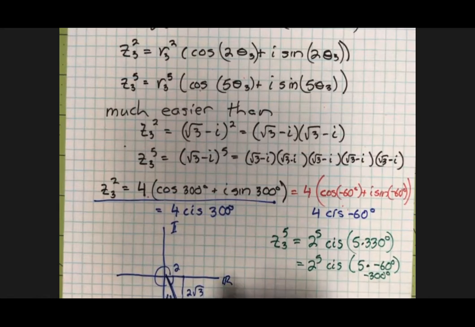Of course, negative 300 degrees is a positive 60 degrees. So that's 2 to the fifth, cis 60. You've got to be happy with coterminal angles. That's 32 times cosine 60 plus i sine 60. And the cosine of 60 is 1/2, and the sine of 60 is root 3 over 2.